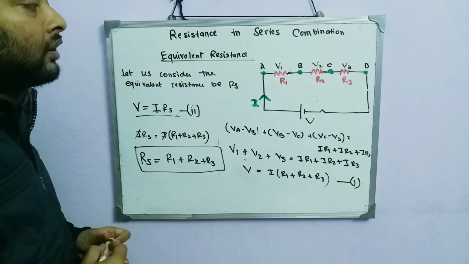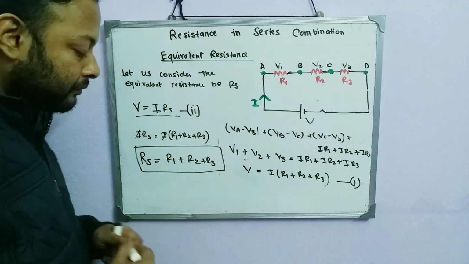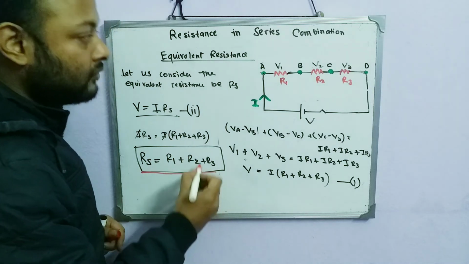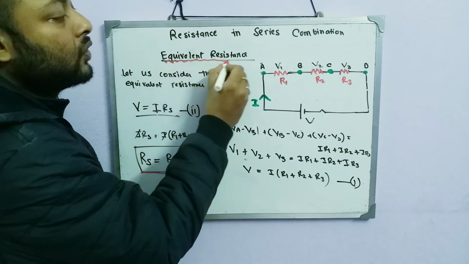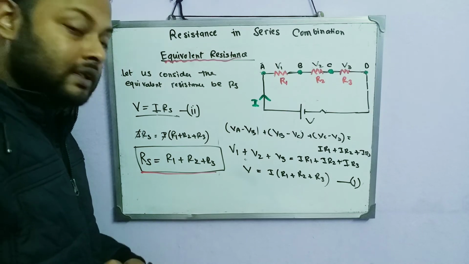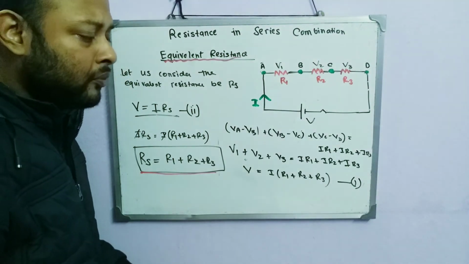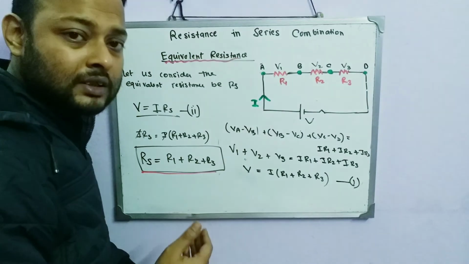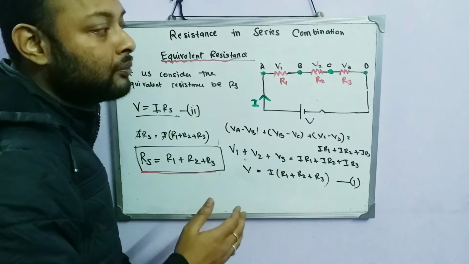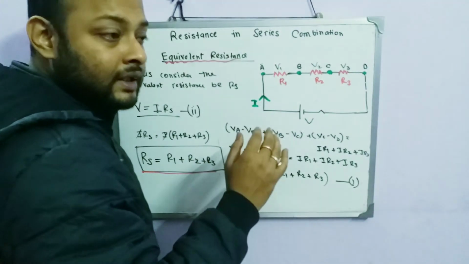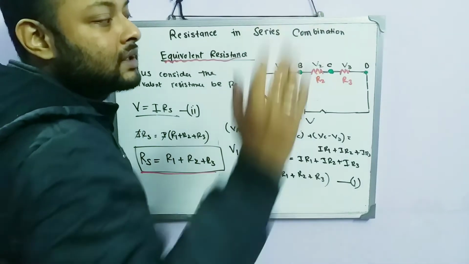So now I got the resultant equation for the equivalent resistance. The equivalent resistance is equal to adding the 3 resistances. I have taken 3 resistances, but you can take many. I can take 100 resistances also, or 1000 resistances also.